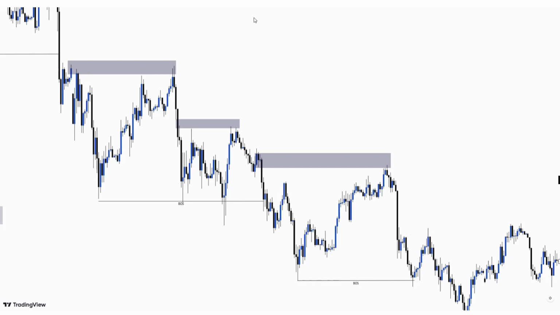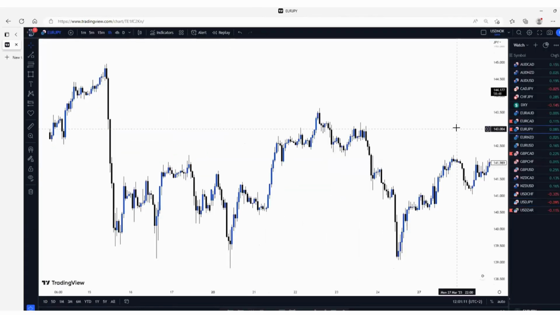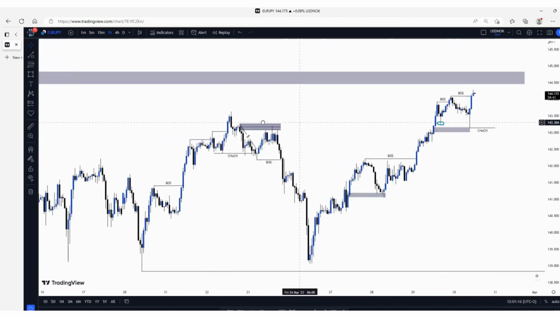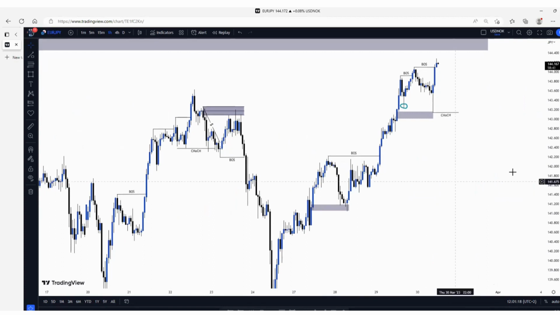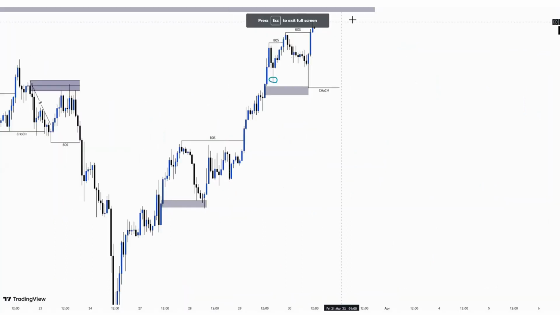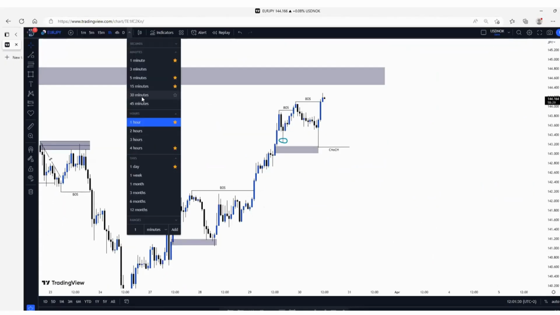I'll just be very quick on this. The second one is going to be this one here. This one, I'm currently actually looking for a sell. All right, let's go to probably the 15 minutes time frame or 30.